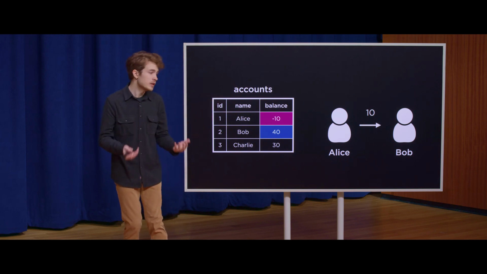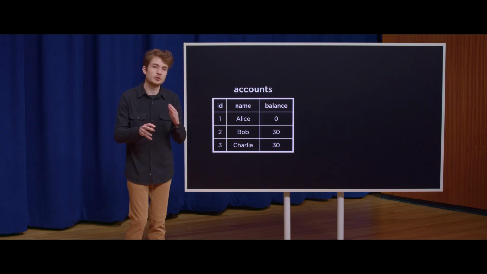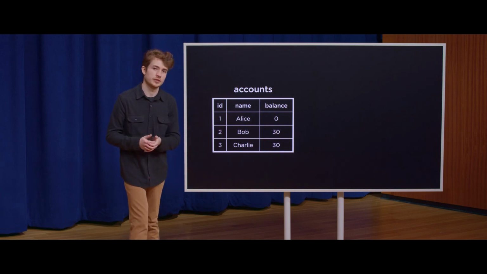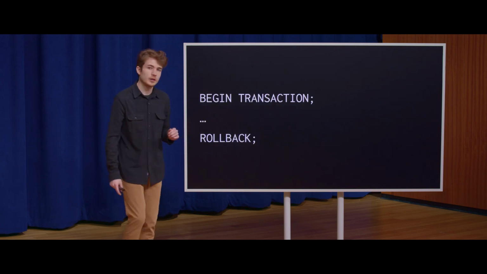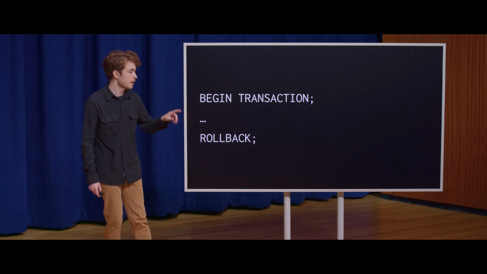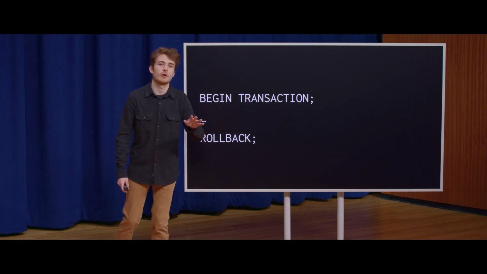But what I can do is undo these changes, revert them so that we go back to the original state if we ever violate some constraint like we just did. There's a technical name for this, which is rolling back. So if I ever want to not save the changes in this transaction, I can say rollback, go back to the beginning, think about it as if this transaction never even happened at all.